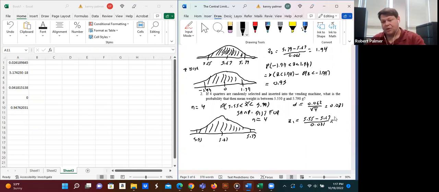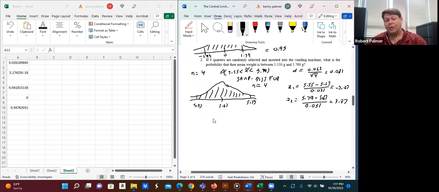And so this is going to be negative 3.87. And then Z2 is going to be the positive value. That's 5.79 minus 5.67 divided by 0.031, and that's going to be positive 3.87.